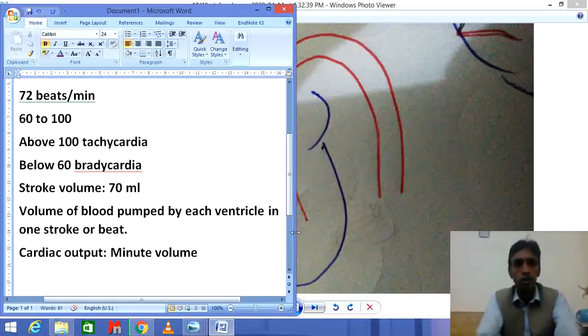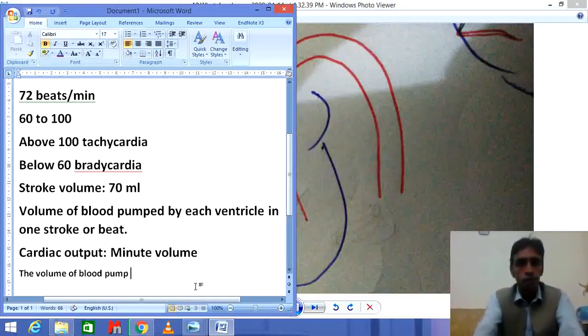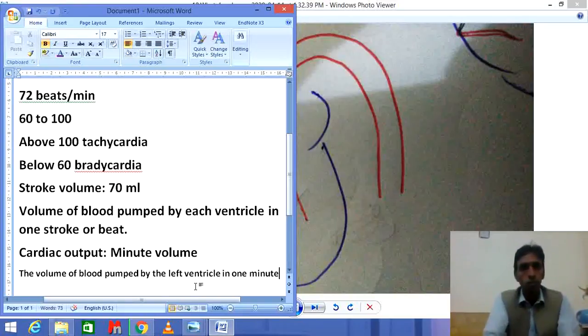In definition, we will write it here: the volume of blood pumped by the left ventricle in 1 minute.